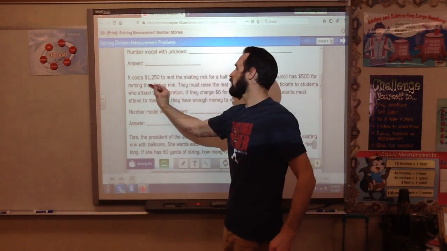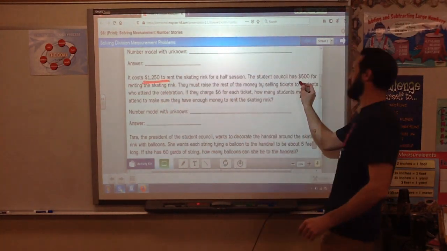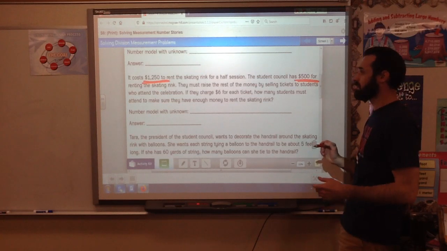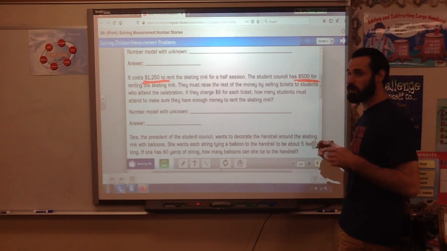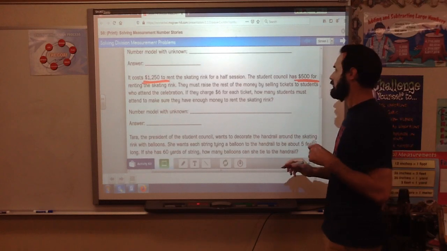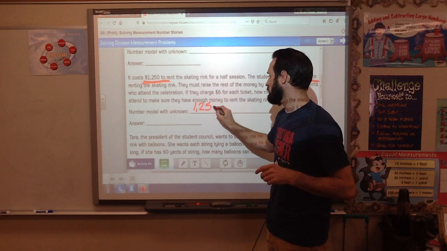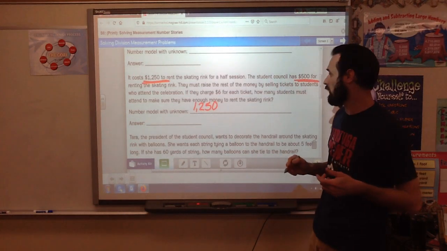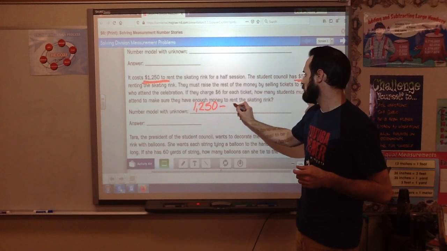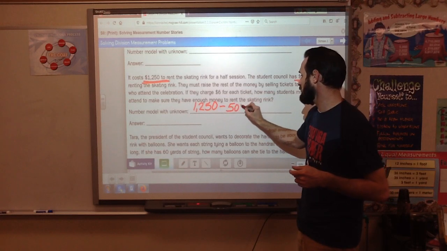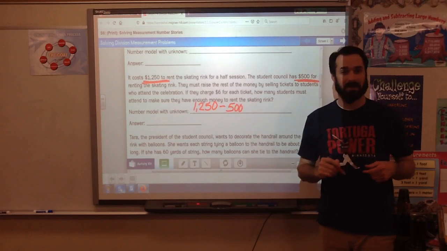They need $1,250. They have 500. We need to figure out first how much more money they need to get to that. So, if they need $1,250, we're working on a number model with unknown, they need to subtract 500, because that's going to tell us how much more money we need.